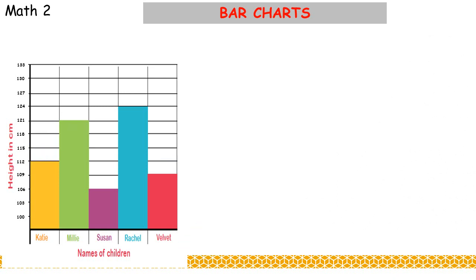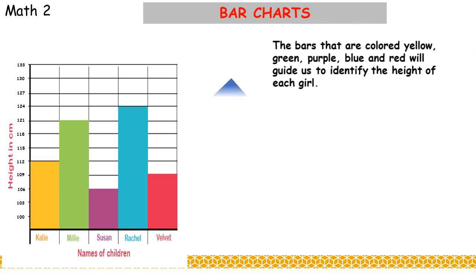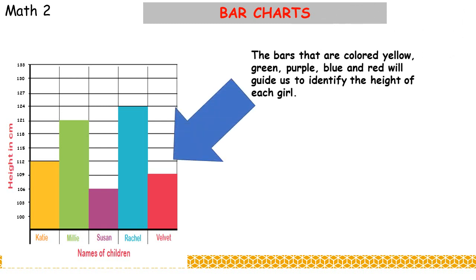Let us look further. The bars that are colored yellow, green, purple, blue, and red will guide us to identify the height of each girl. If we want to know the height of Kati, we will look for her name, check the top of the bar, and see which number it is aligned to.